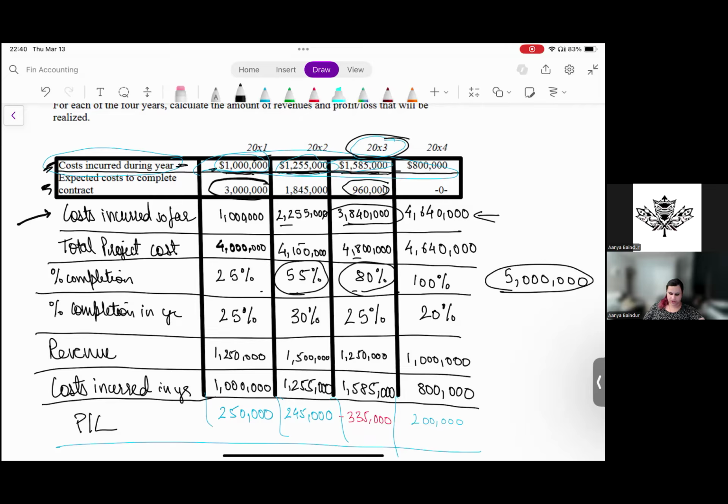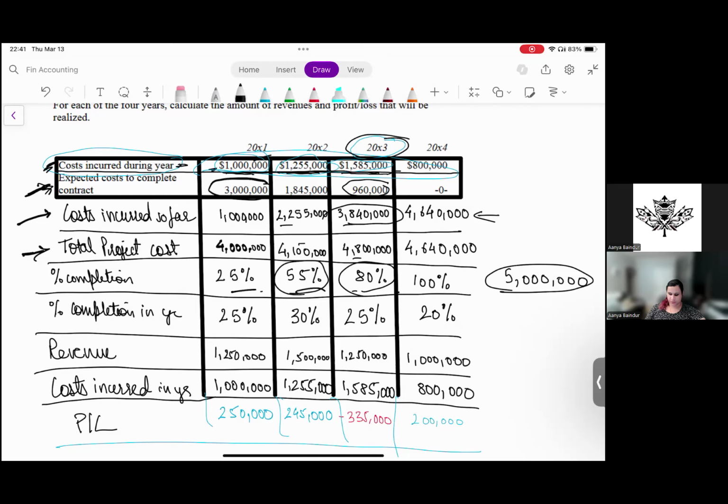So if you're given costs incurred during the year, you just add up the past values and find how much the project has cost us so far.